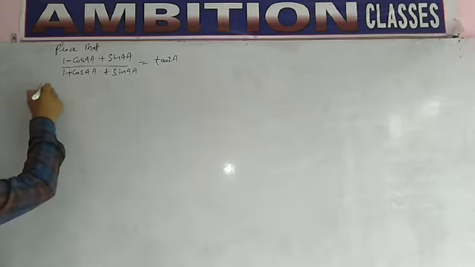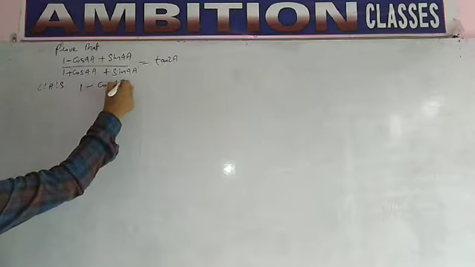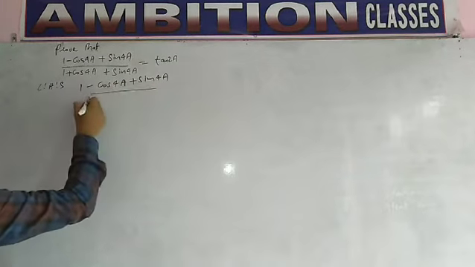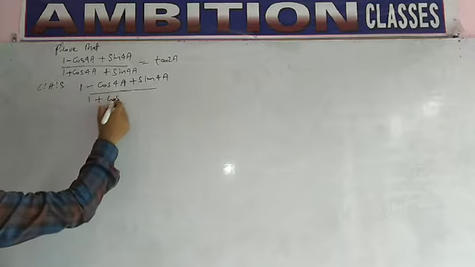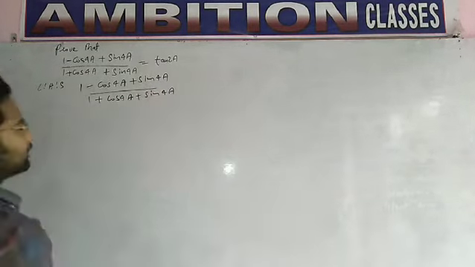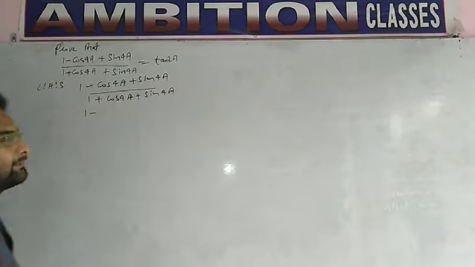Let's see, LHS: 1 minus cos 4a plus sin 4a upon 1 plus cos 4a plus sin 4a. Now we are having here 1 minus cos 4a. We have to apply that formula which cancels the effect of this one.